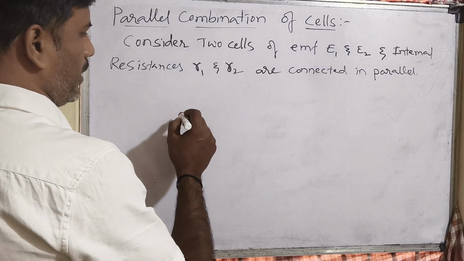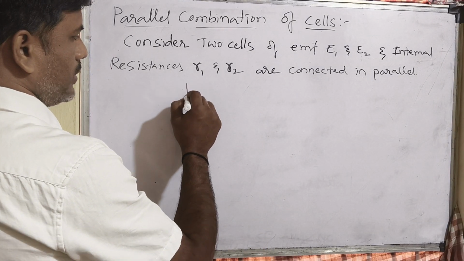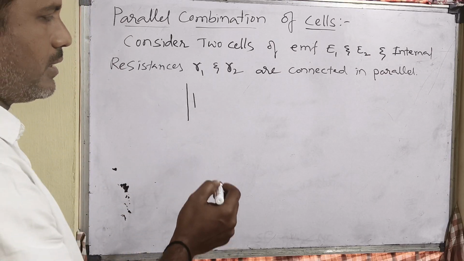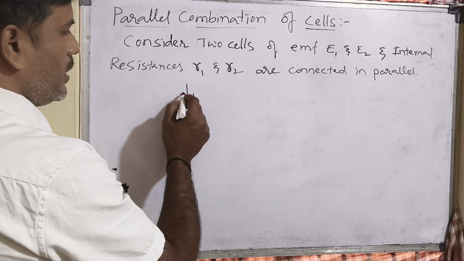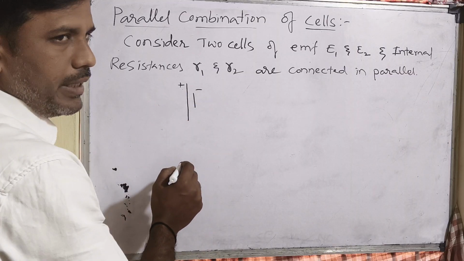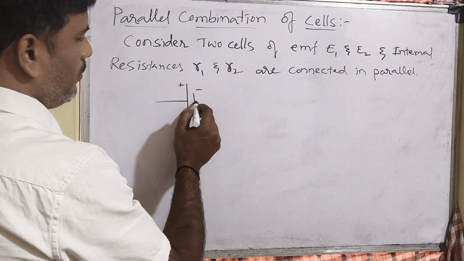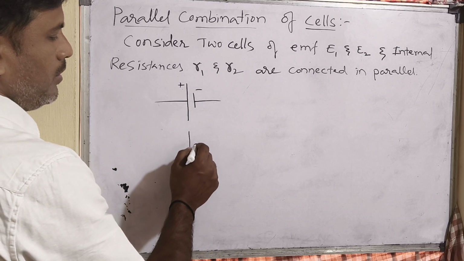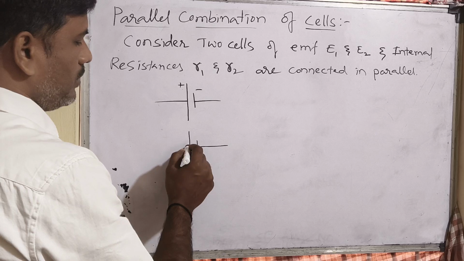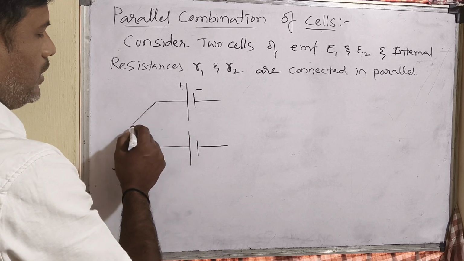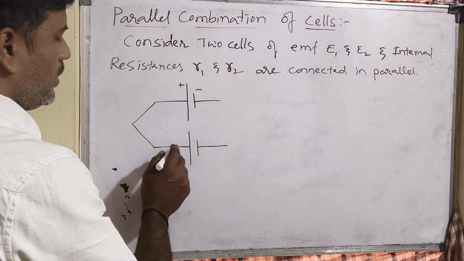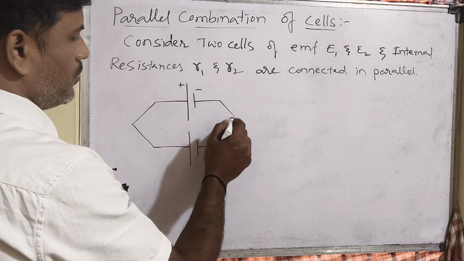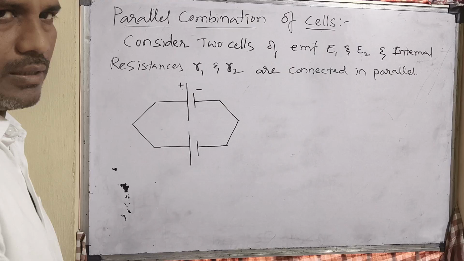So how do we connect a parallel combination? Consider one cell. We already know that a cell has two terminals, one positive and one negative. The positive terminal of the first cell and the positive terminal of the second cell are both connected on one side, and the two negative terminals are connected on the other side.